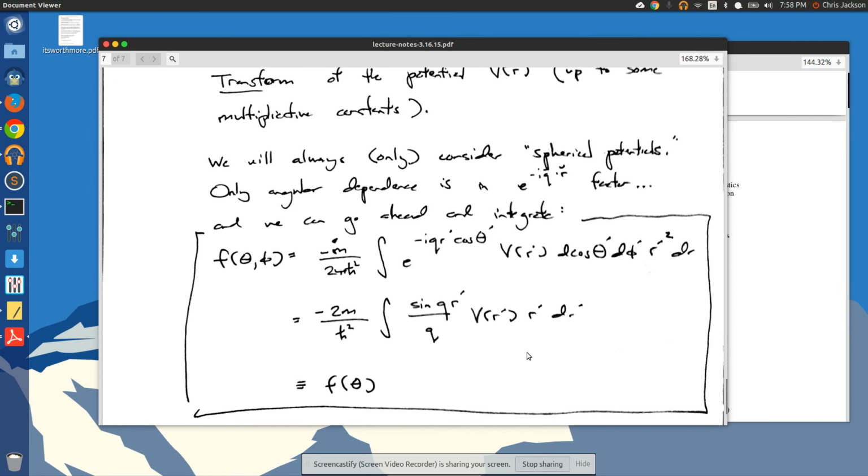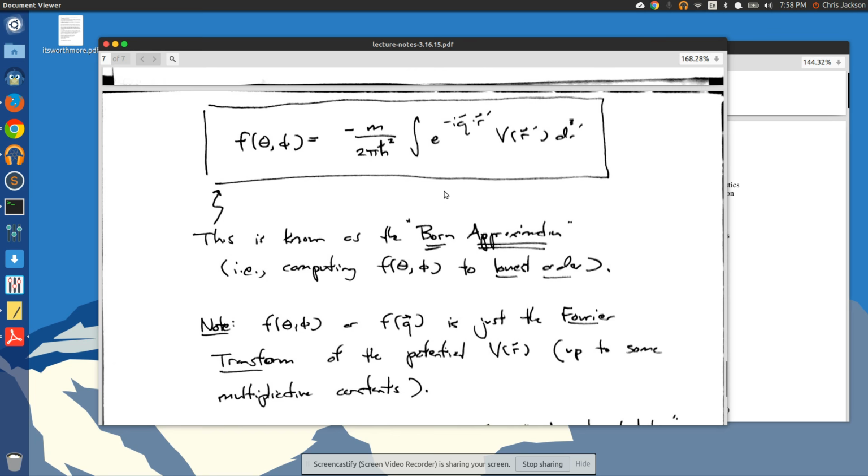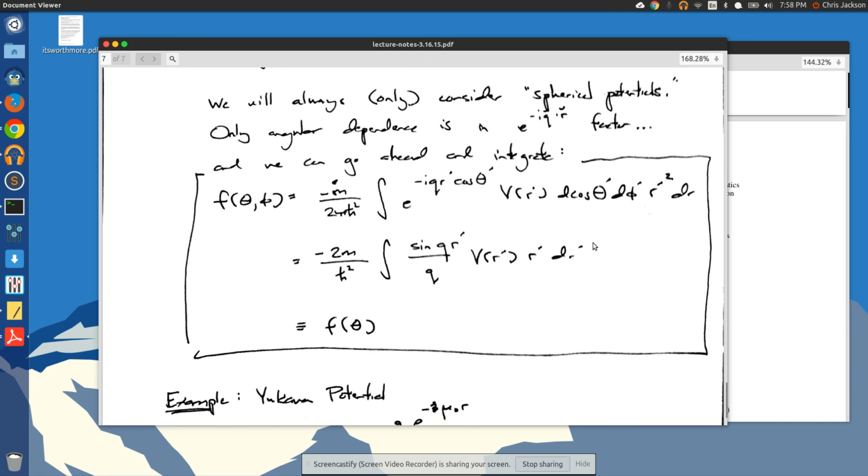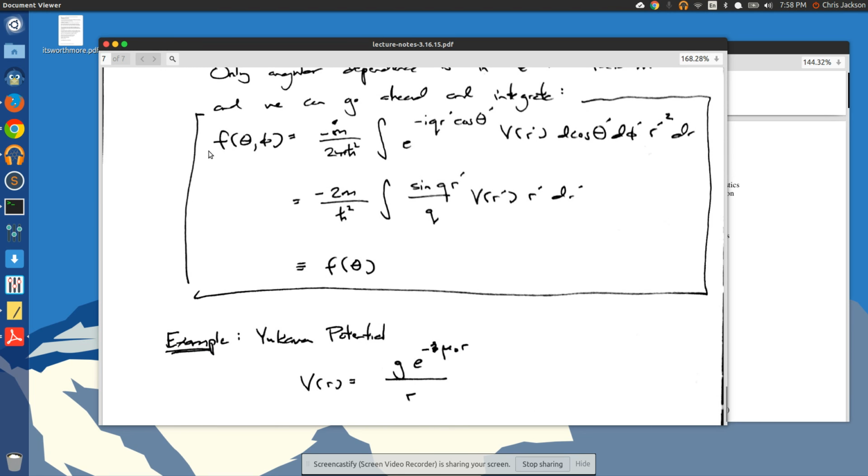And so that's what I did. If you take that dot product between Q and R prime, you get something that depends on the angle, and that's the only angular dependence. So I can do not only the phi integral, but I can also do the theta integral. What we end up with is something that looks like this, where we've integrated out all the angular dependence.